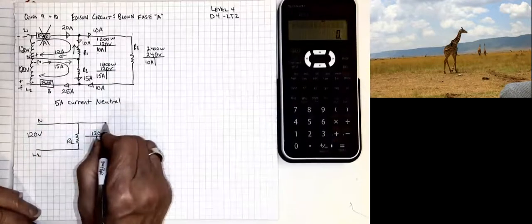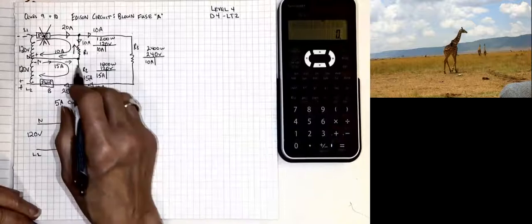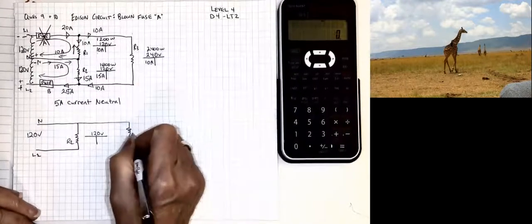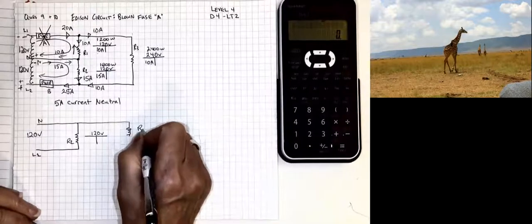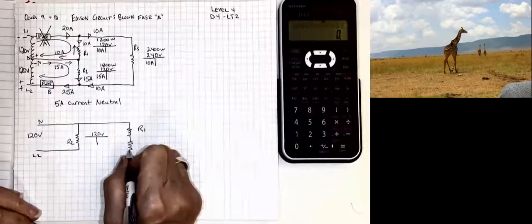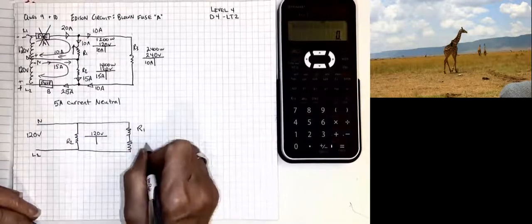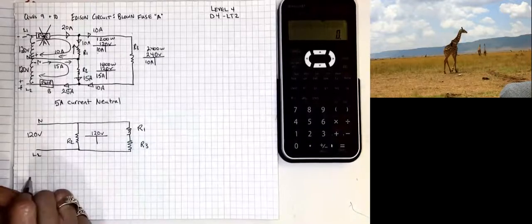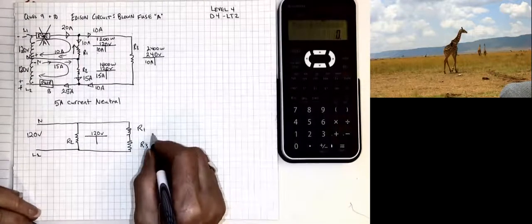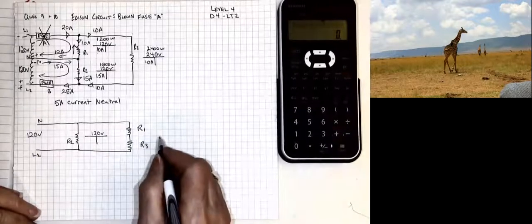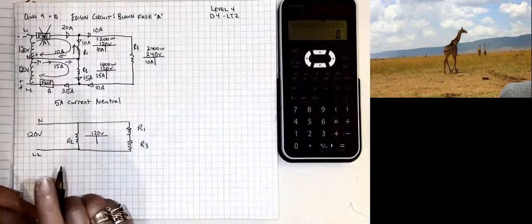So in the second part of this circuit, we come out to the junction, then we turn and go through R1, and then we keep going around here and go through R3 and back to 120 volts. Now we end up with quite a different looking circuit. This is a combination circuit instead of an Edison circuit.